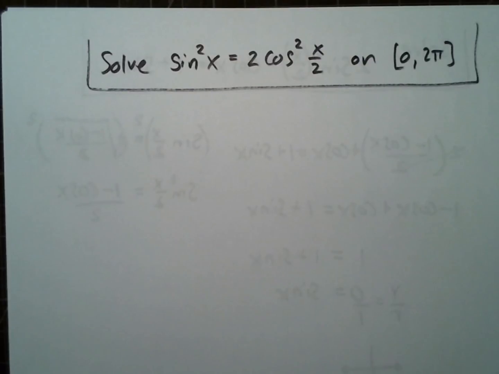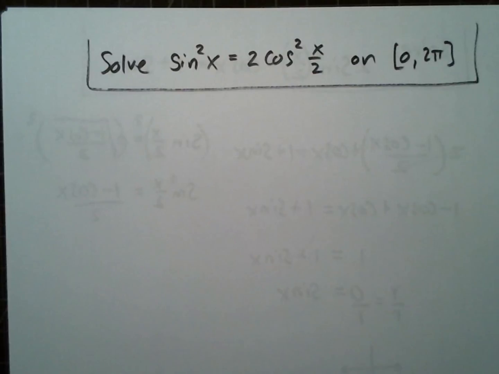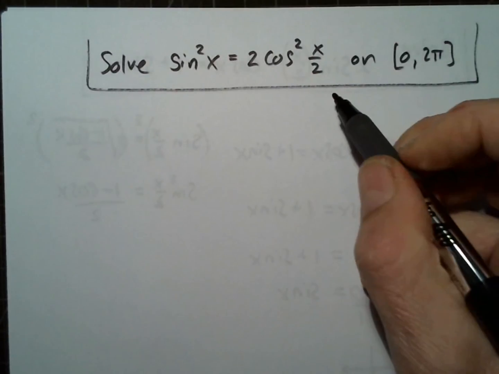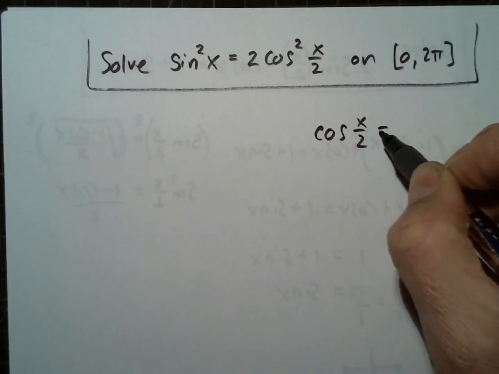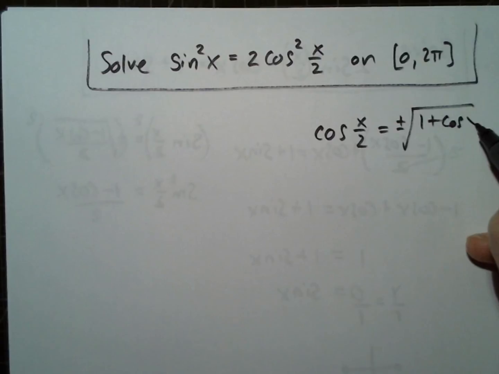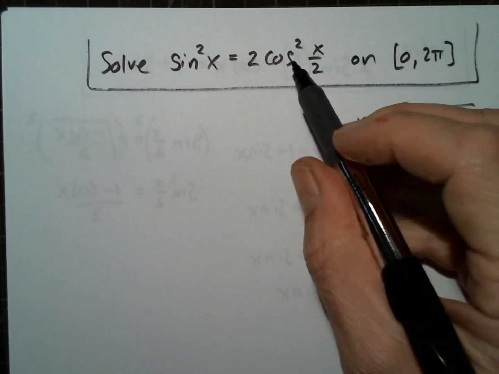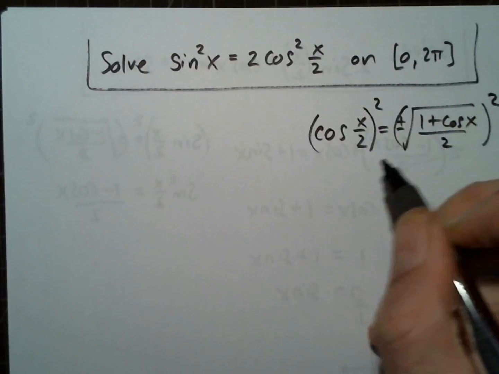Alright, so we need to change the x over 2 to be an x. So pause the video and try that one. We have a formula for cosine of x over 2, and we know that's going to be the square root of 1 plus cosine over 2. We want to have a formula for cosine squared, so we can square it.